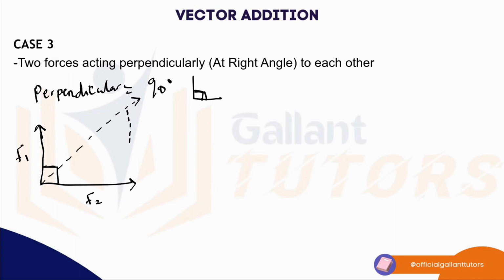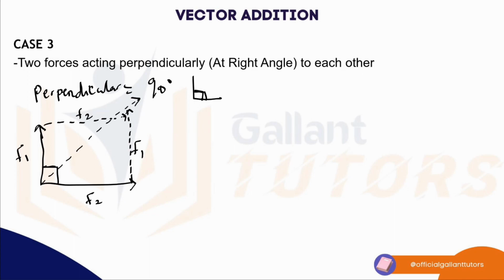I get it? Alright, since this is a square, the drawing is not really accurate, so pardon me. Since this is a square, opposite sides are equal. So it is F1, this is also F1, this is F2, this is also F2. Is that clear?